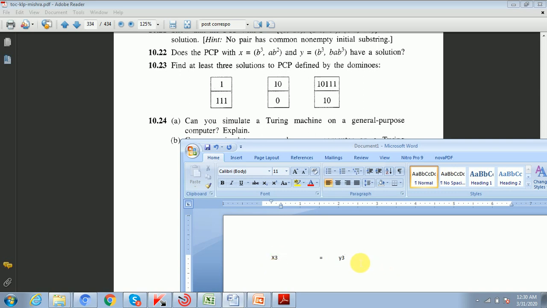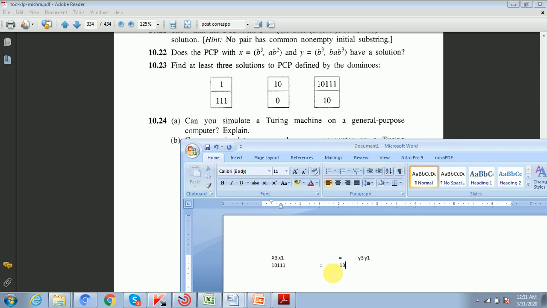So if you take x3, what happens? 1 0 triple 1, and if you take the corresponding y3, 1 0. And now on the LHS side triple 1 is there, so to get more ones on the RHS side, obviously the next step should be x1. So here we should compulsorily take x1, and correspondingly we should compulsorily take y1.